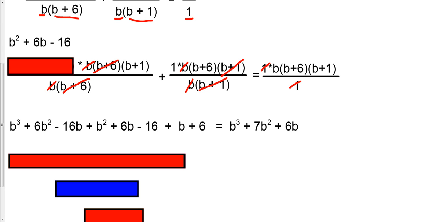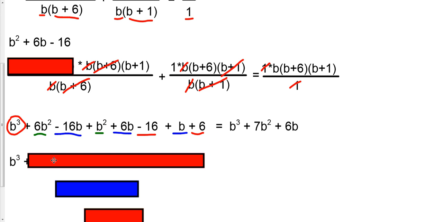Now, looking at our left side, let's start combining like terms. Here we see a b cubed, we see a b squared and a b squared, you see just b, and just b, and constant with constant. Combining all our like terms then, our b cubed stays as just the 1b cubed.